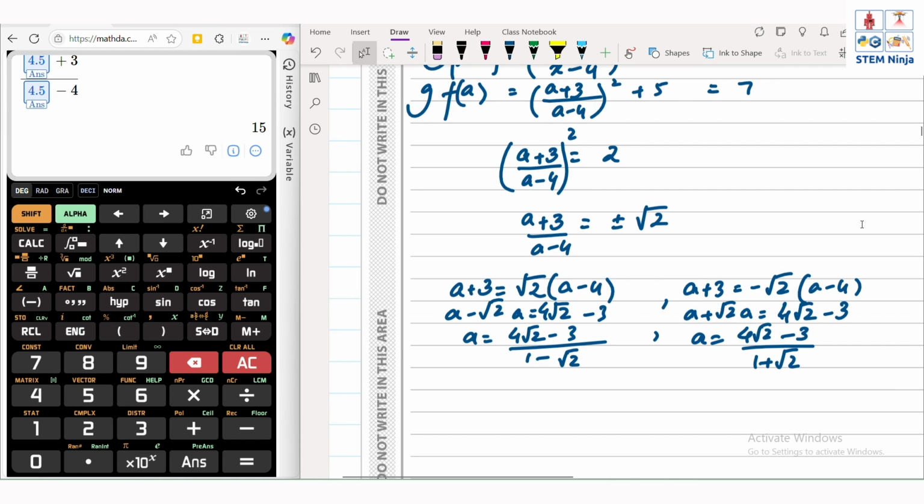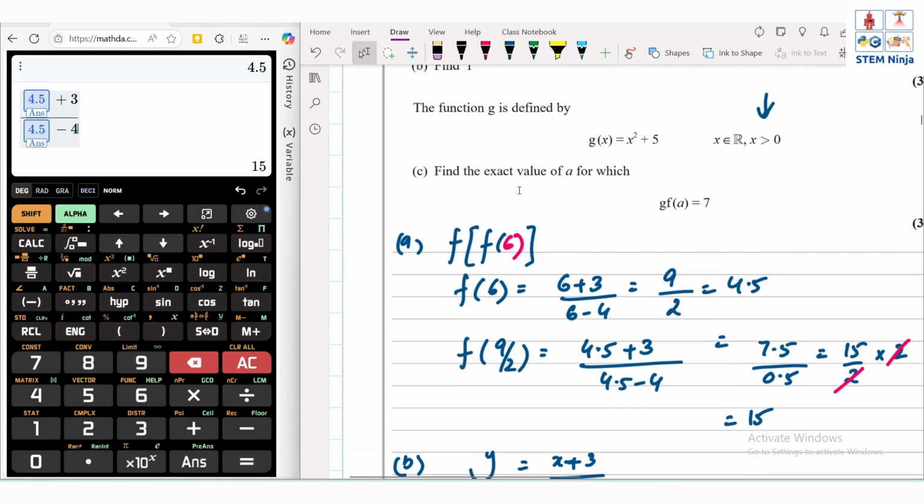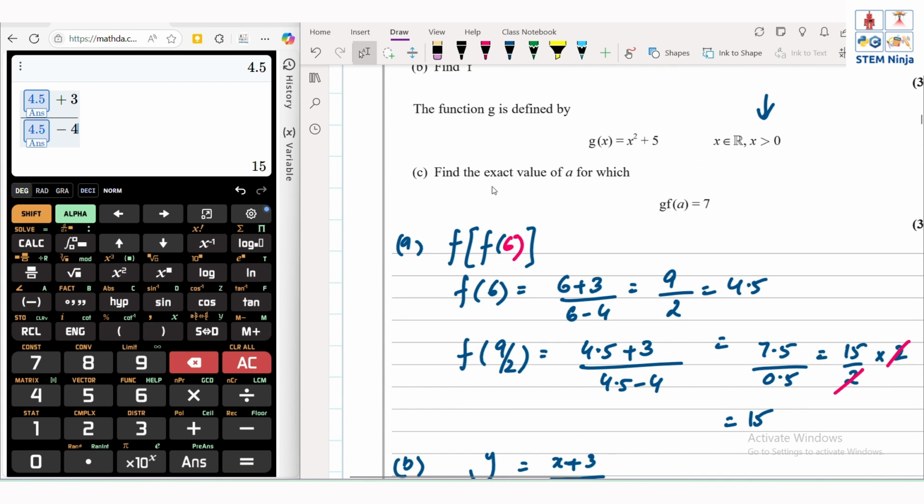All right. So over here, sorry, this is minus 4 root 2 minus 3. According to the question, we had to find the exact value of a.